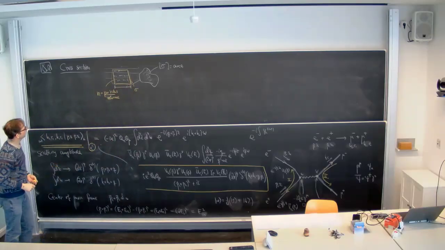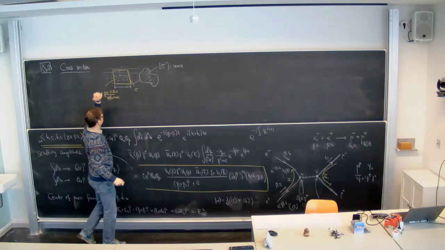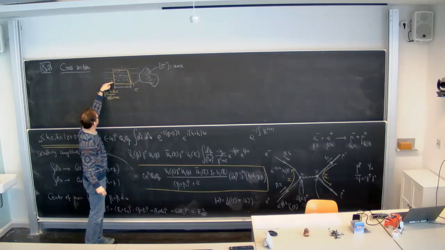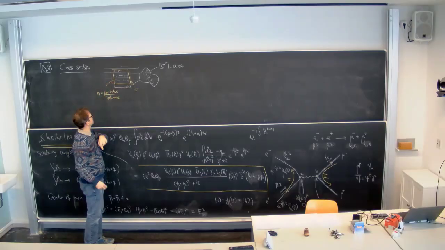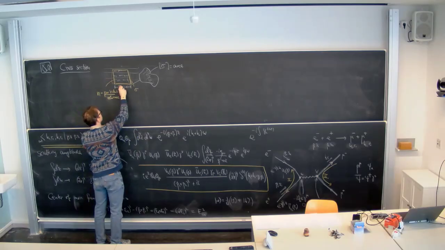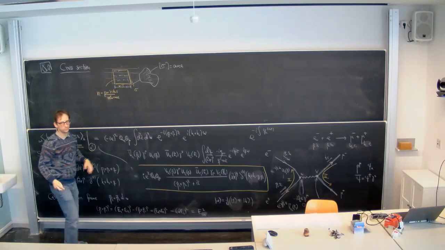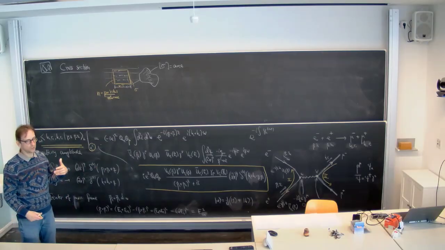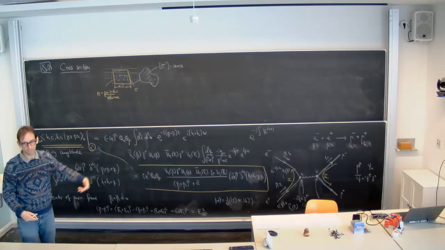The length that I want to pick is the distance they fly in a certain amount of time. So here I'm choosing velocity times time. We wait for the time t, and then they fly, because they have a velocity v, the distance v times t.